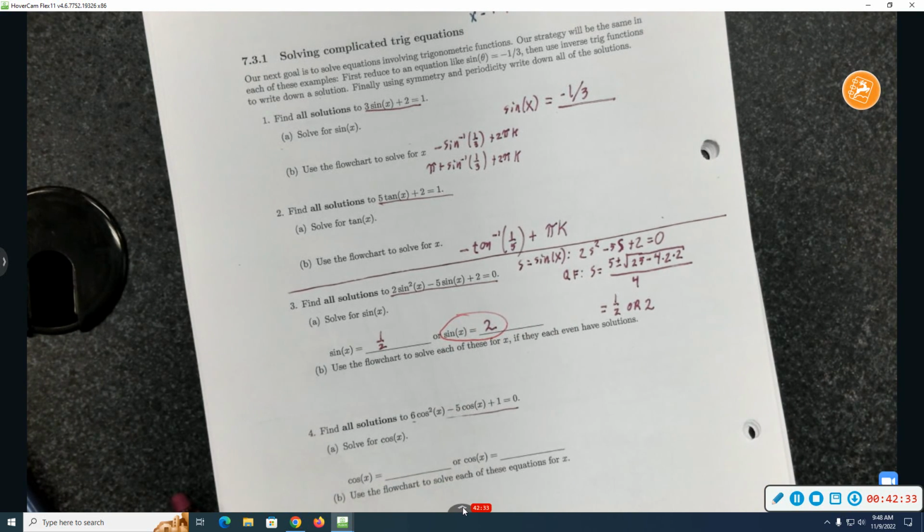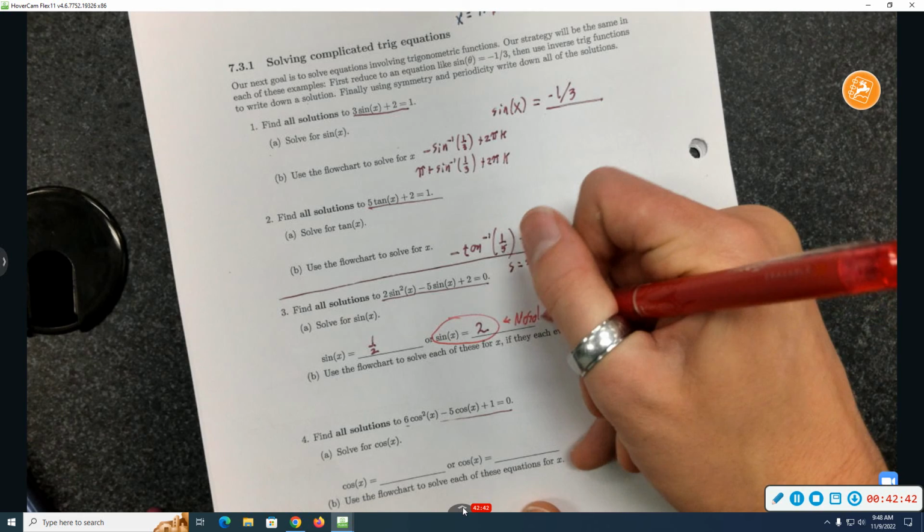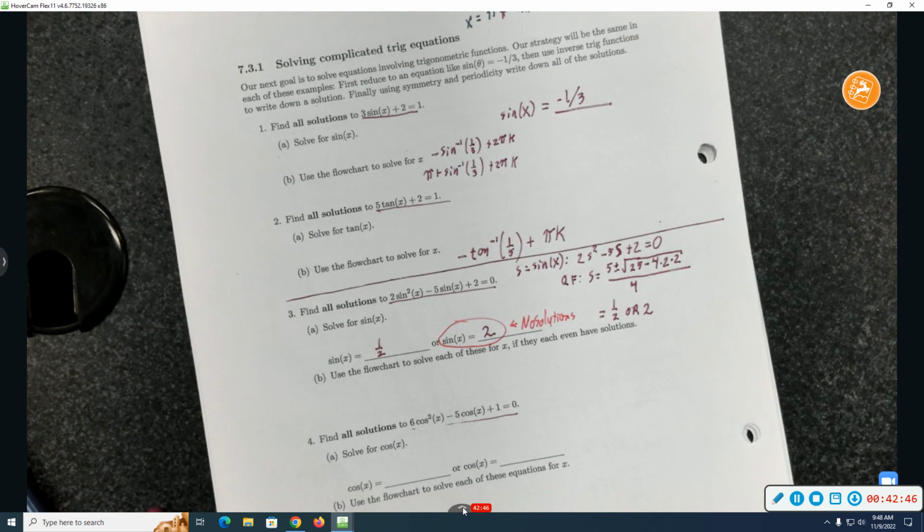What's the solution to sine of x equals 2? There are no solutions to that equation. What about sine x equals 1/2? Maybe we'll even start by looking at the unit circle instead of writing down an inverse trigonometry thing.